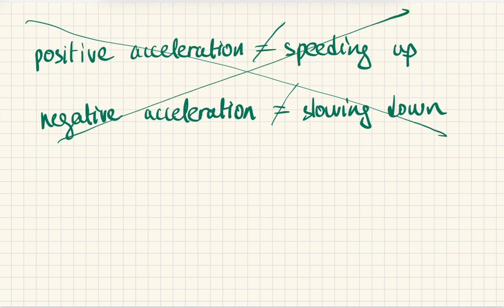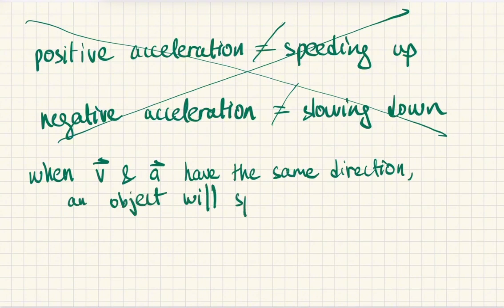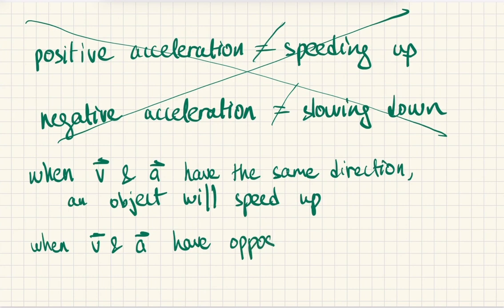What is true is that when velocity and acceleration have the same direction, an object will speed up, and when velocity and acceleration have opposite directions, an object will slow down.